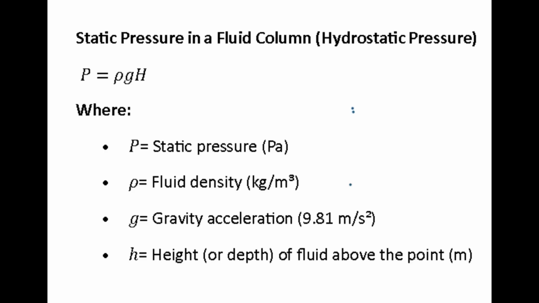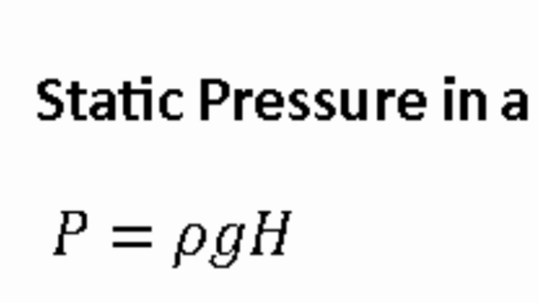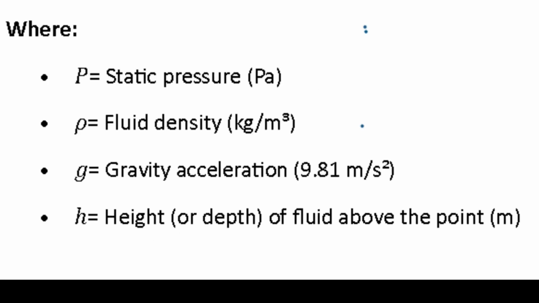Let's begin. In fluid mechanics, static pressure caused by a liquid column is given by the formula P equals ρ times g times h, where P equals static pressure in pascals, or Pa.